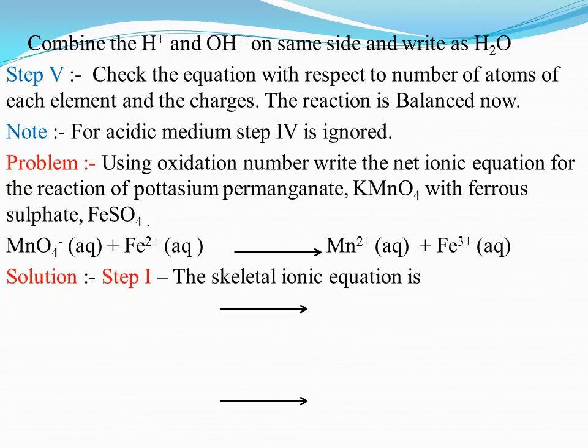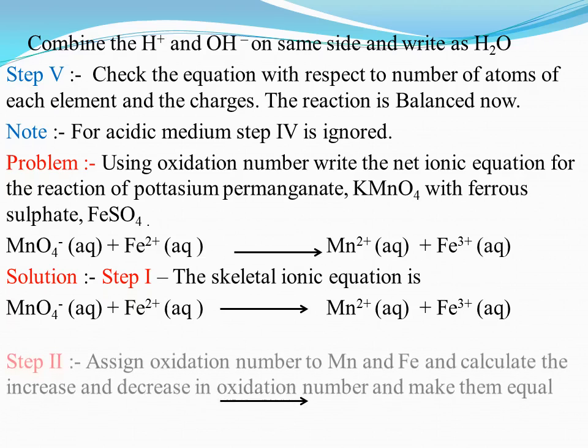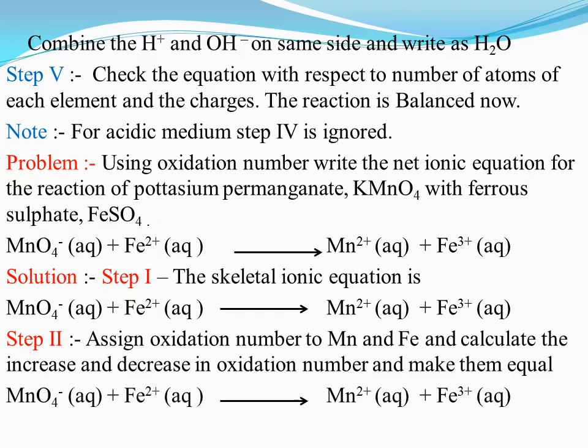Step 1. Write the skeletal ionic equation as MnO4- + Fe2+ gives Mn2+ + Fe3+. Step 2. Assign oxidation number to Mn and Fe and calculate the increase and decrease in oxidation number and make them equal. See on the screen.